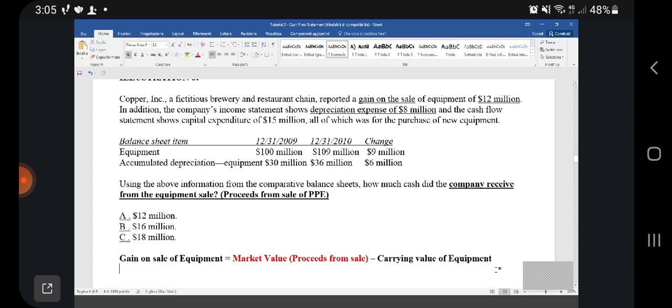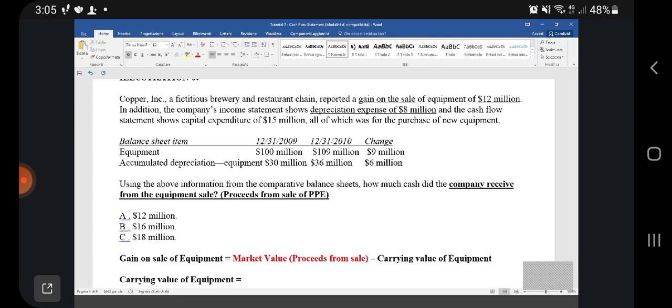Calculate the carrying value of equipment. That means the value that this equipment has in our accounting books. In the fair value model, this is very simple because the carrying value of any equipment is exactly the fair value or the market value. And under that model, I was supposed not to have a loss or a gain, but this is not the fair value model, this is the amortized cost model.